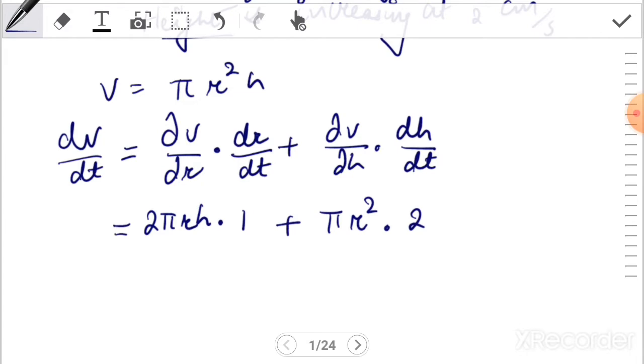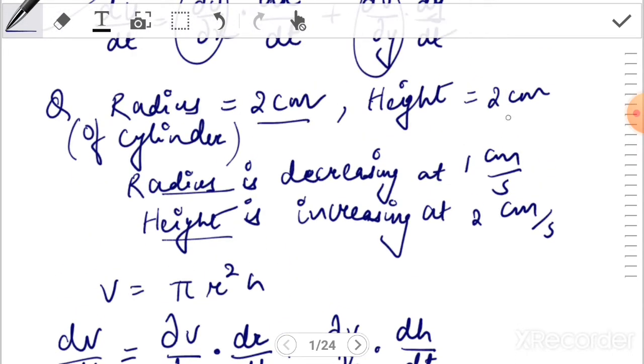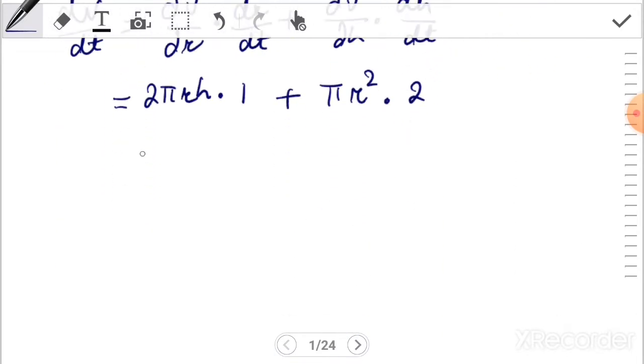So now put the values of r and h, 2 centimeters and 2 centimeters. So 8 pi.